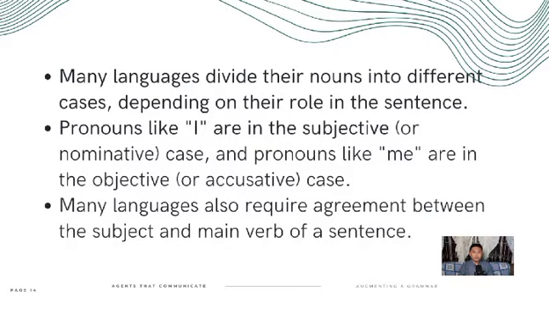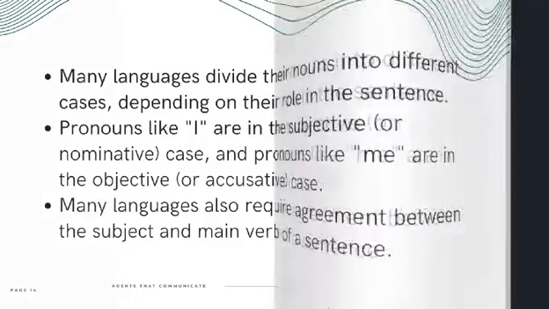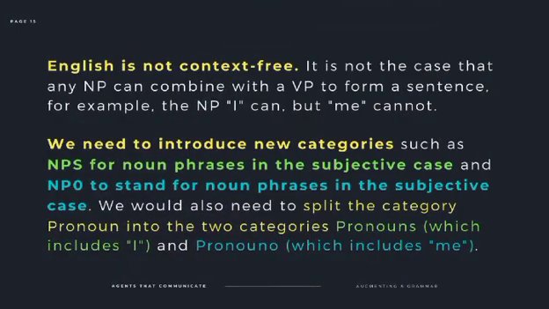Now, we are ready to fix our grammar. We'll consider noun cases first. The problem is that with the distinctions we have made so far, English is not context-free. It is not the case that an NP, or a noun phrase, can combine with a VP, or a verb phrase, to form a sentence.